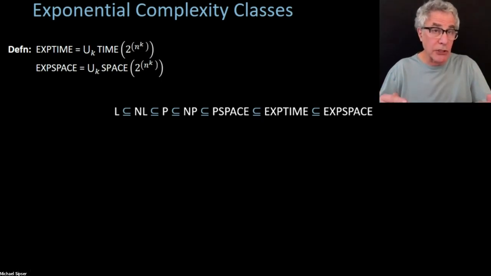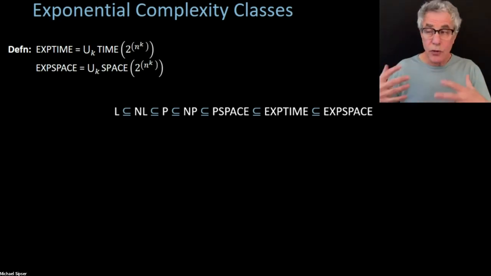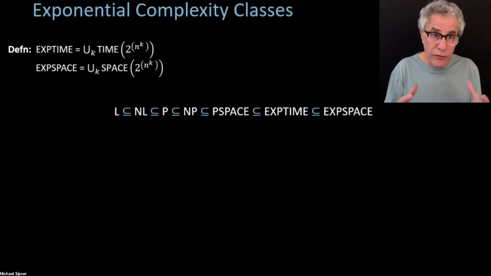That's the cost of the simulation. And going from time to space, you don't need any increase at all. Anything that you can do in a certain amount of time, you can do in that much space. So anything you can do in a certain amount of space, you can also do in exponentially more time. Okay, so those were simple theorems that we proved right at the very beginning.